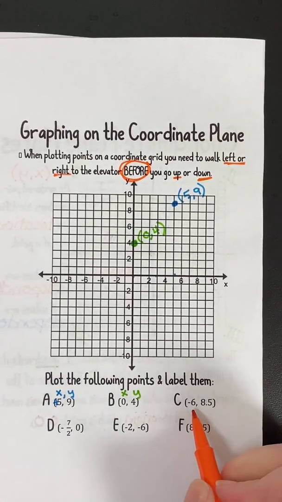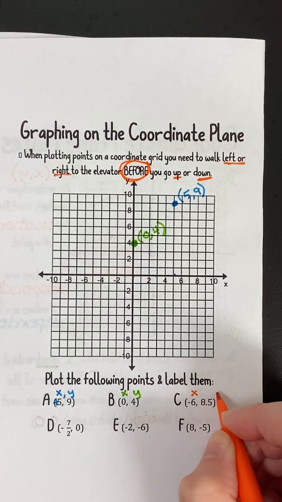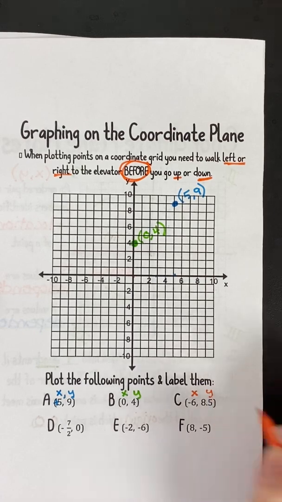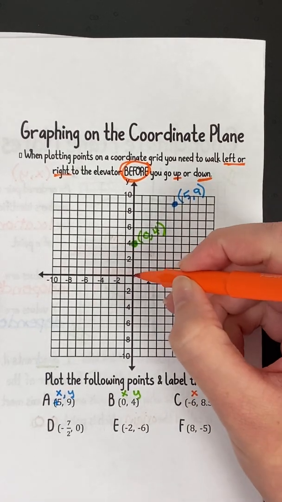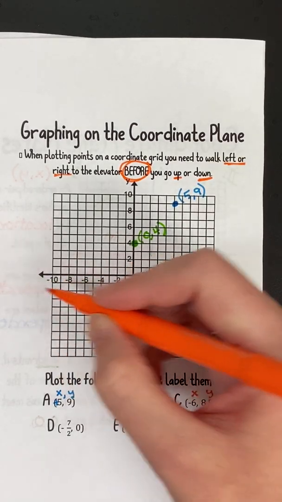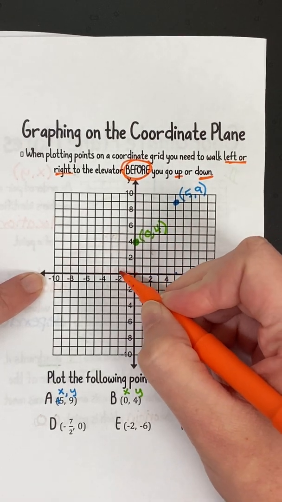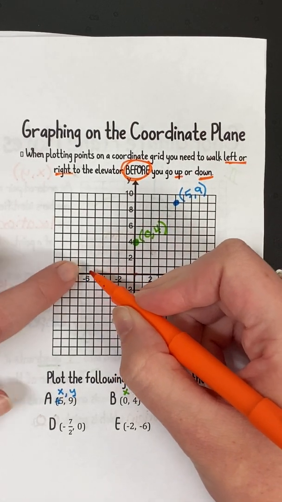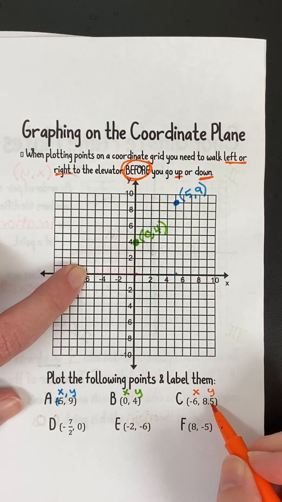Next one, I'm going to go -6 on my X, and then I'm going to go 8.5 on my Y. So this time I'm going to start on my origin just like always, but I have to go -6. So that means I'm going to the left because these are negatives, these are positives. So I need to go 1, 2, 3, 4, 5, 6, and I know I'm right here, but then I have to go positive 8.5, which is 8 1/2.